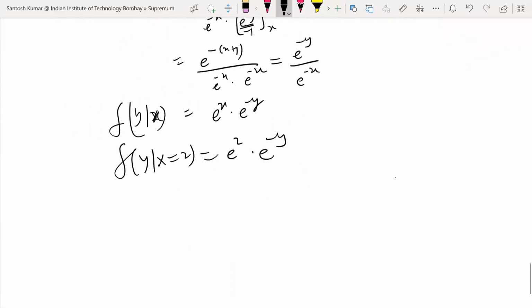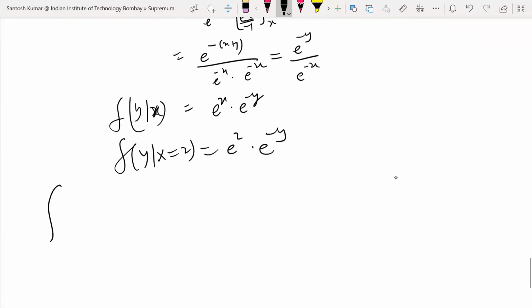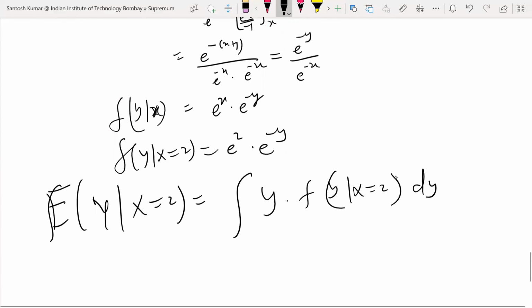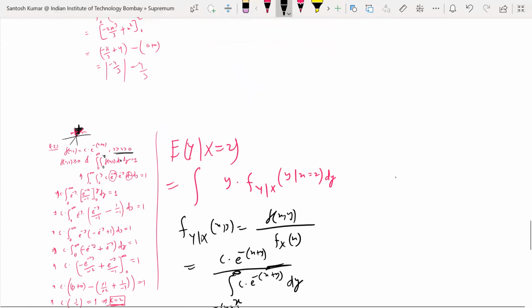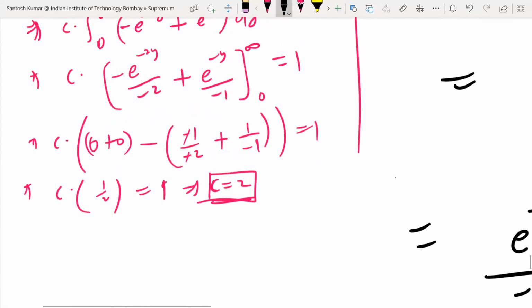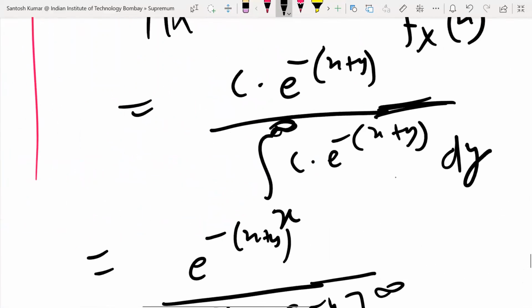Okay, I replace x by 2. Now the question was the expectation of y given x equal to 2. So this is the integral of y times f of y given x equal to 2 dy, and the limit of y is x to infinity, as we can see from what was given.